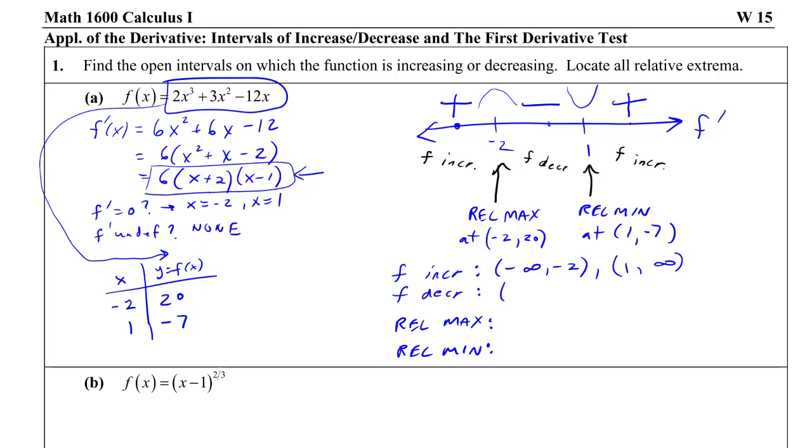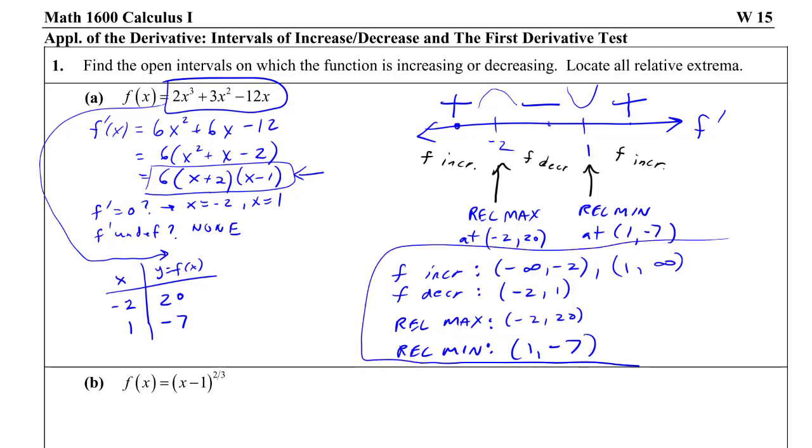It was decreasing on -2 to 1. It had a relative max at (-2, 20) and a relative min at (1, -7). And there's basically all the information we wanted.